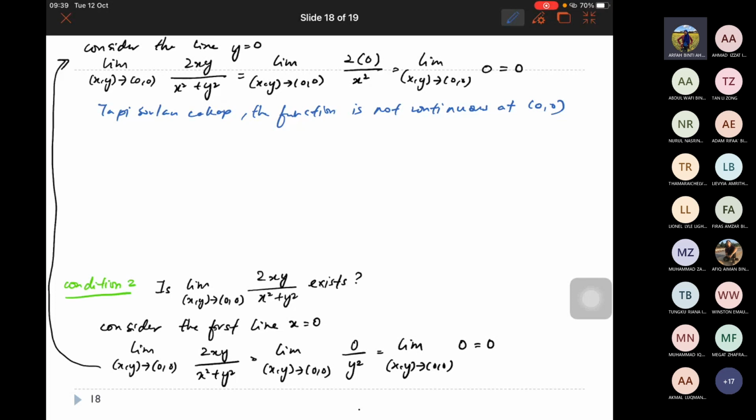Okay. So from here, consider other direction.